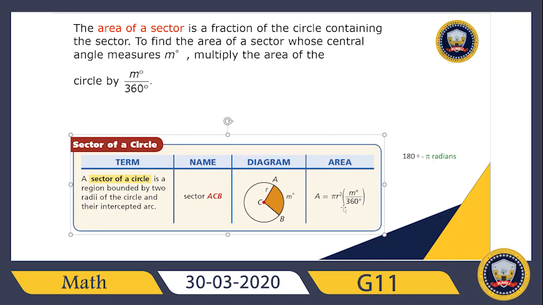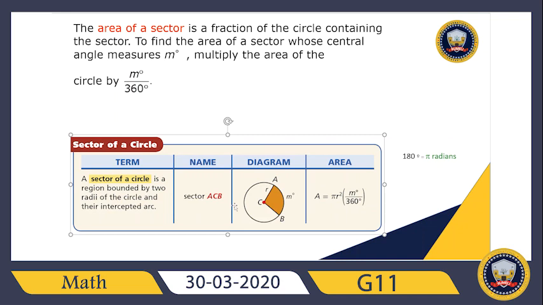So it's up to you guys. If the question is in degrees, you can use degrees. If it's in radians, you can use radians. So to find the area of one of these sectors, you just take the full circle area multiplied by the fraction, which is the angle over 360.